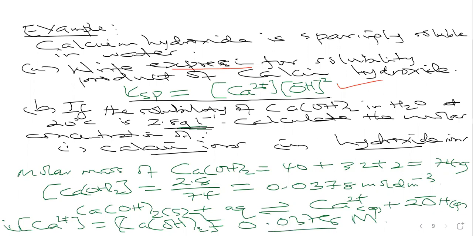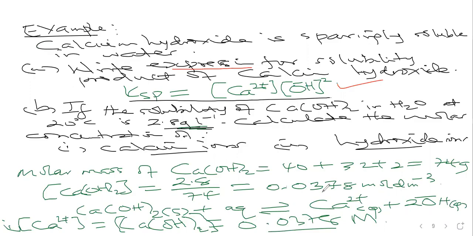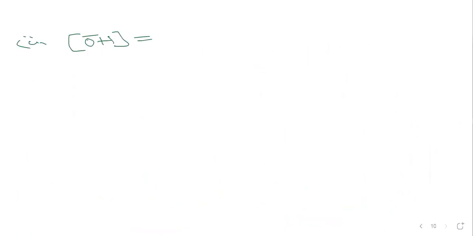Yes, teacher. Then to answer Roman 2, we shall say the molar concentration of hydroxide ions, according to the equation, is twice that of calcium ions, or we can say is twice that of calcium hydroxide. Any of the two can give you the answer.